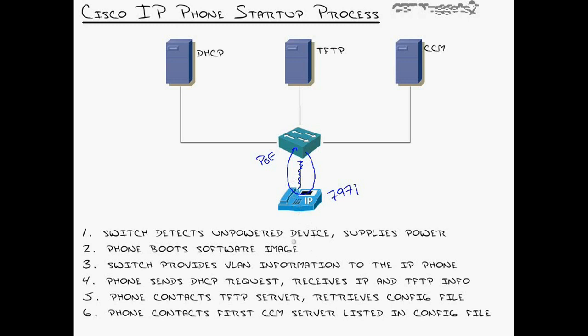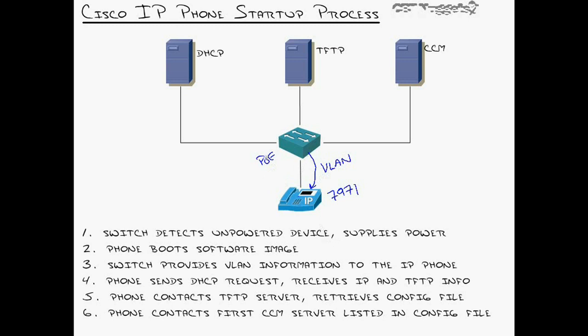The phone will then find its internal firmware software image and boot that up, which tells it you are a phone and you need to start getting an address. So the switch will then send voice VLAN information to the phone to let the phone know what VLAN it's on using CDP.